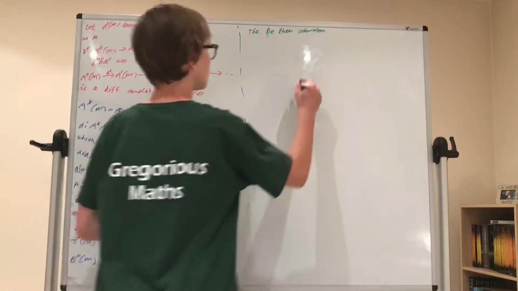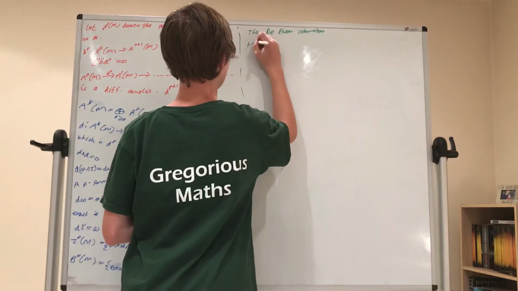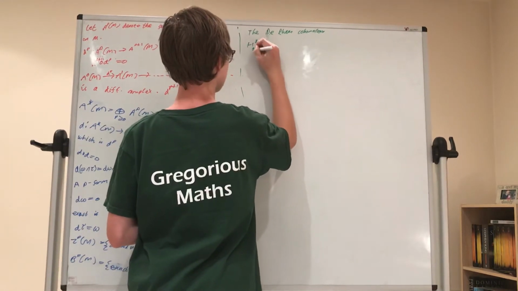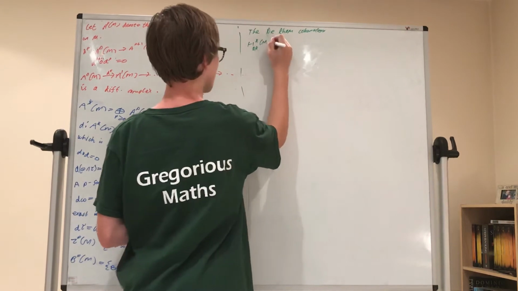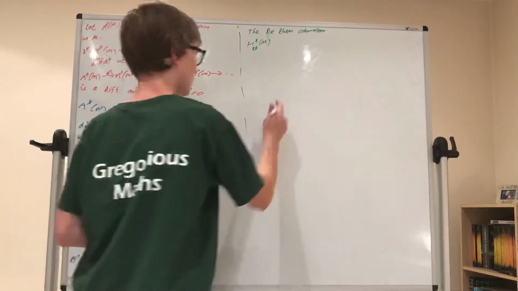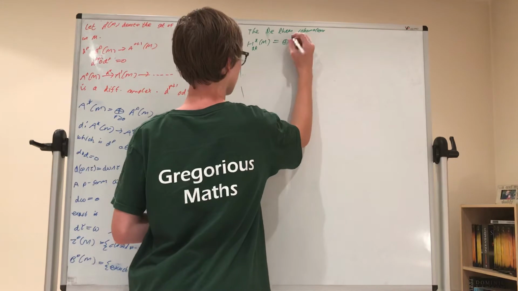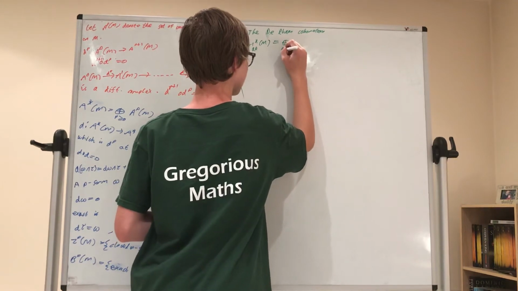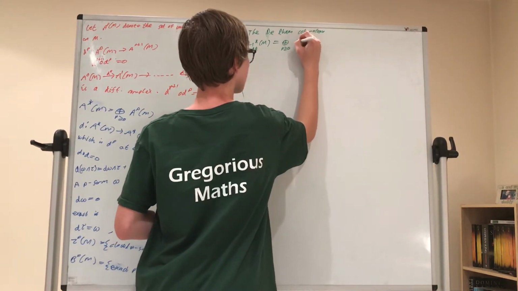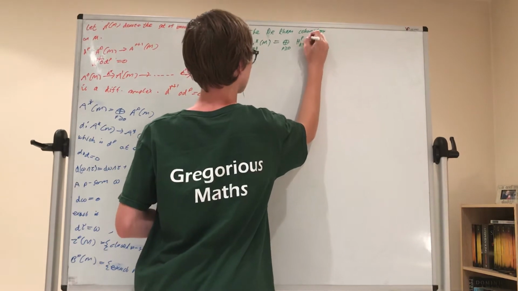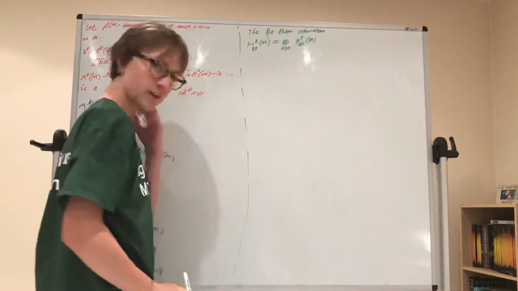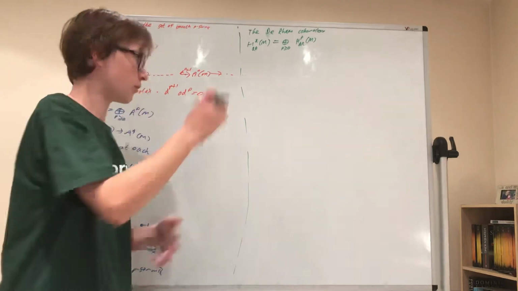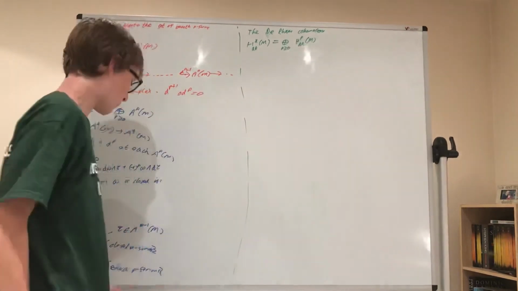The de Rham cohomology H star, with a little subscript dR to show we're working with the de Rham cohomology of M, is equal to the direct sum for p greater than or equal to 0 of H^p_dR. This is the pth de Rham cohomology group, and this is just a quotient group.